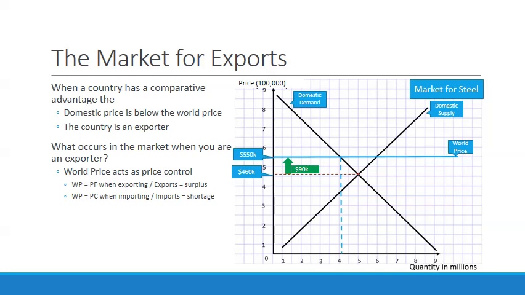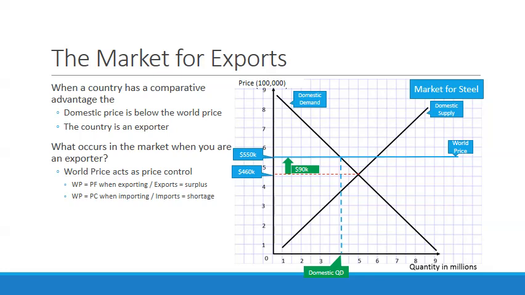So here's the deal, and this is what you have to look at. A world price causes the price within the United States to increase. So what's going to happen is when the United States begins to export steel, the price of steel in the United States will increase from 460,000 to 550,000. So the world price is going to cause our domestic price to increase.